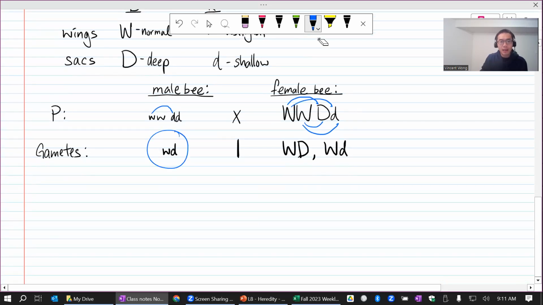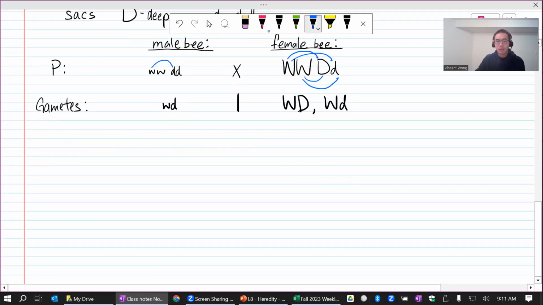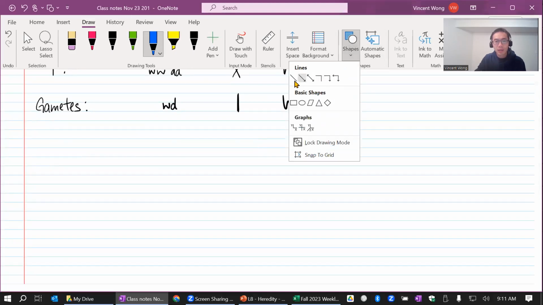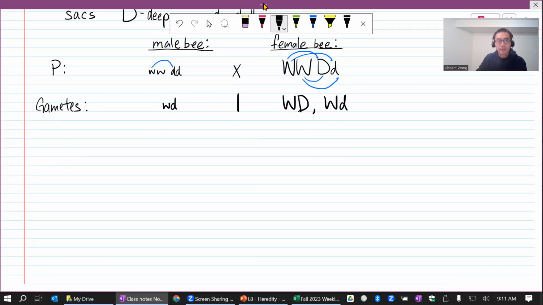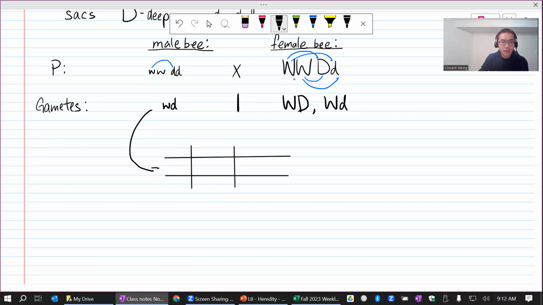Because there's only one gamete here and two gametes here, our Punnett square, our table, is going to be just 1 by 2. It's not always 4 by 4. Sometimes it's okay to do a smaller table. So I'll put the male here. Male and female are interchangeable on the table.